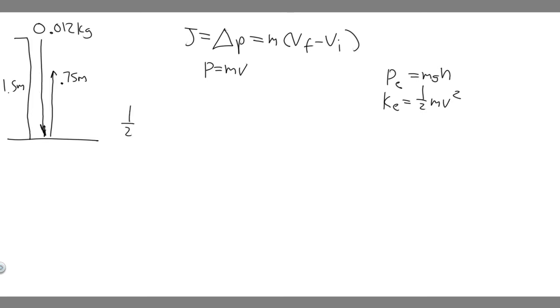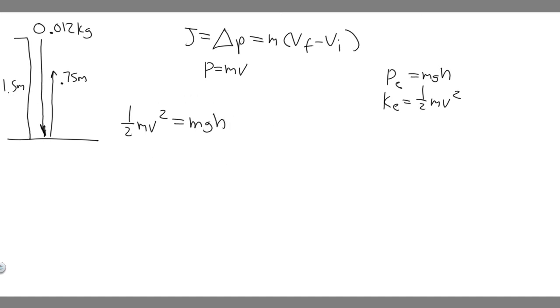If we take the potential energy and kinetic energy at the start and set it equal to the potential energy and kinetic energy right before it lands, you're going to get 1/2 mv squared equals mgh.